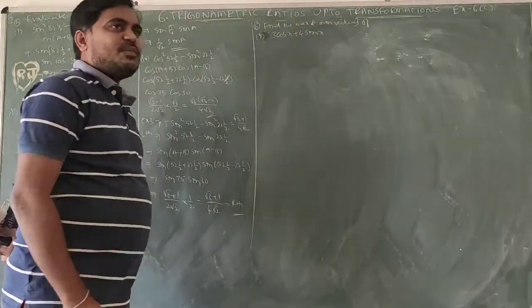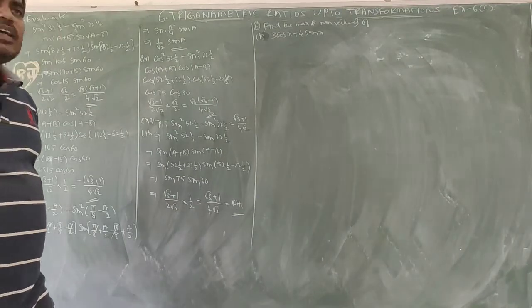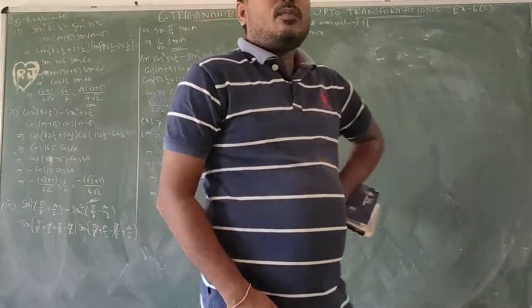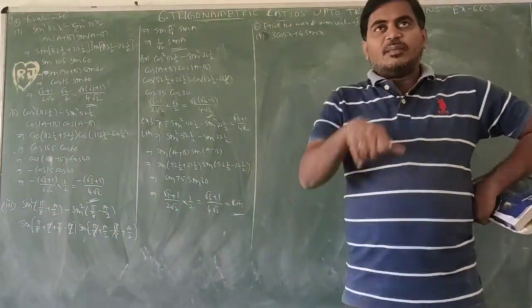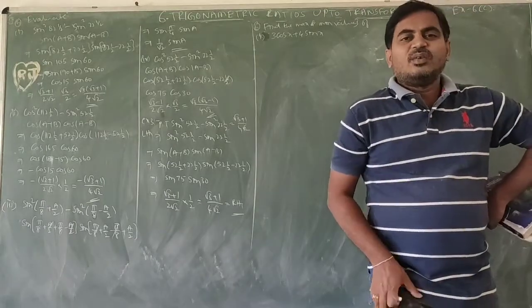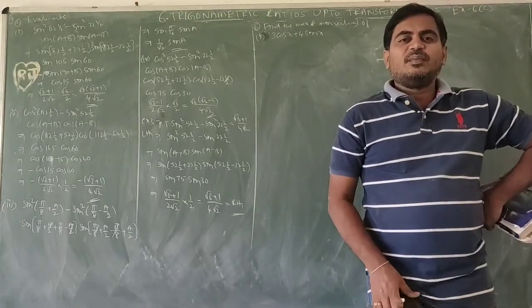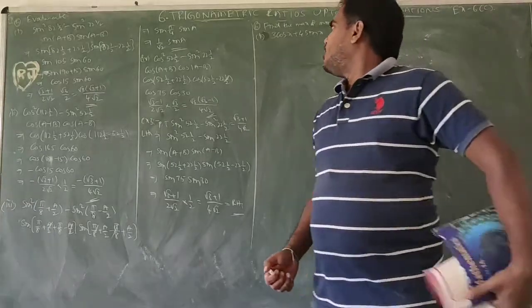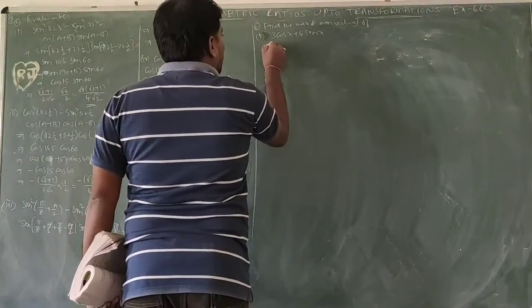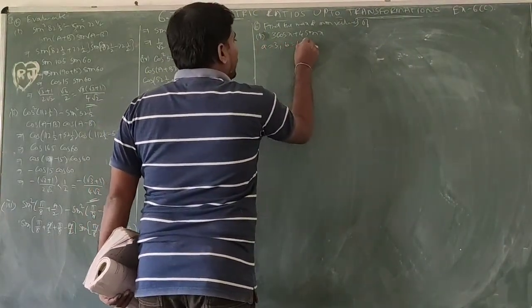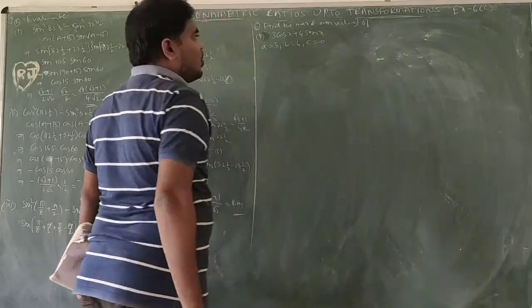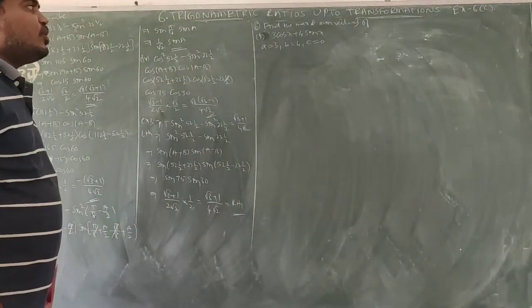So for maximum and minimum values I already explained. For a cos x plus b sin x plus c, the maximum and minimum values are c plus or minus root a square plus b square. So I am taking a equal to 3, b equal to 4, c equal to 0. There is no constant, so c equal to 0.